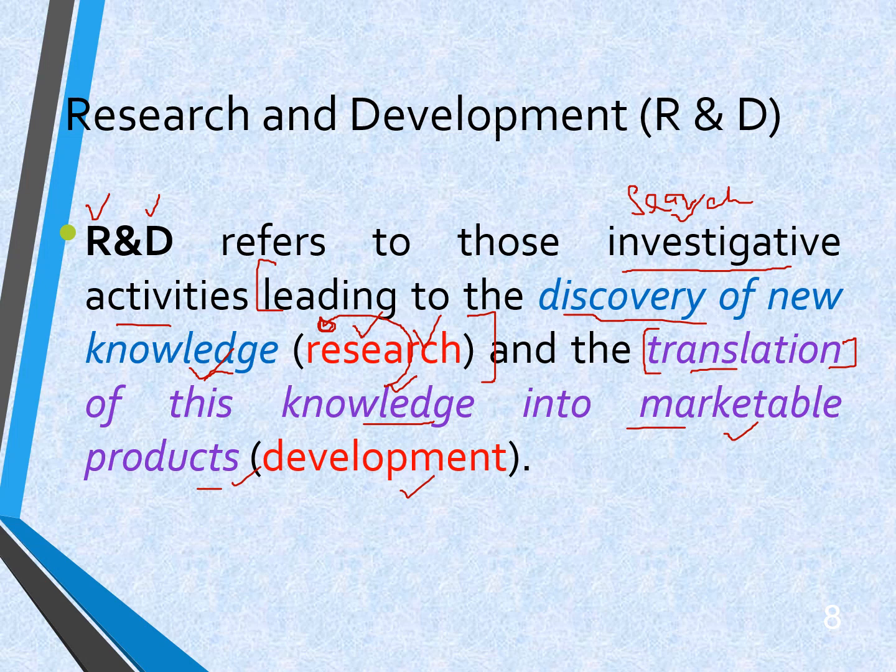So in a simple way, R&D is a group of people conducting a search activity to find new information and new knowledge about a product, and then later using this knowledge and information they have gathered to produce a product. Later that product will be sold to customers. First, search for new knowledge, that is called research. Then use the knowledge to produce a product, that is called development.